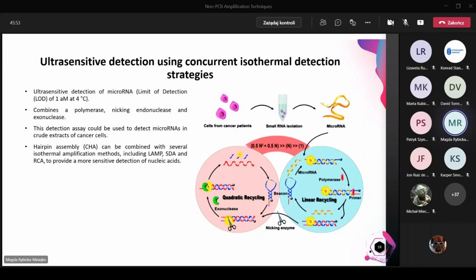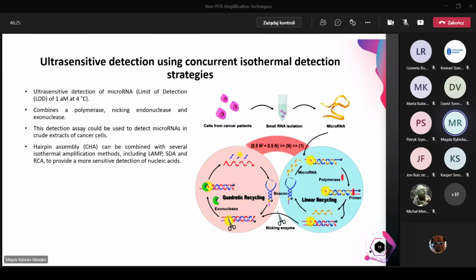One of the next methods demonstrated an ultra-sensitive detection of microRNA using parallel amplification cycles involving polymerase extension, nicking endonuclease cleavage, and exonuclease-mediated target recycling. This detection assay could be used to detect microRNAs in crude extracts of cancer cells.